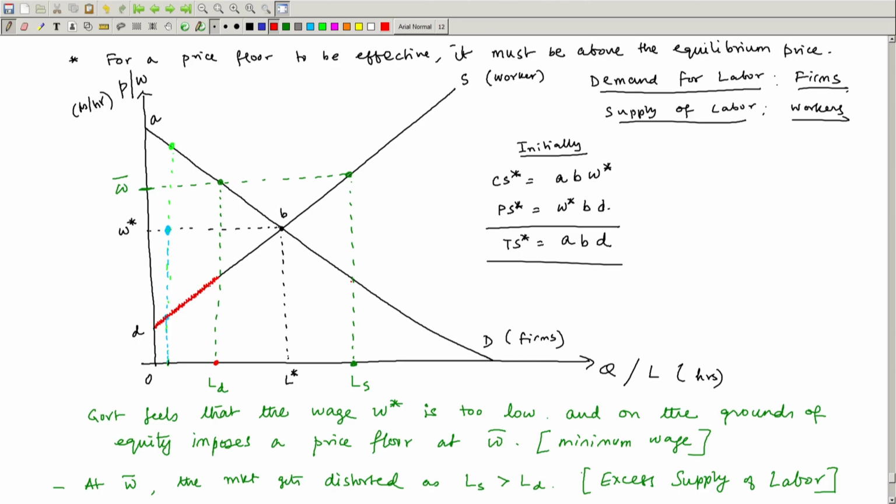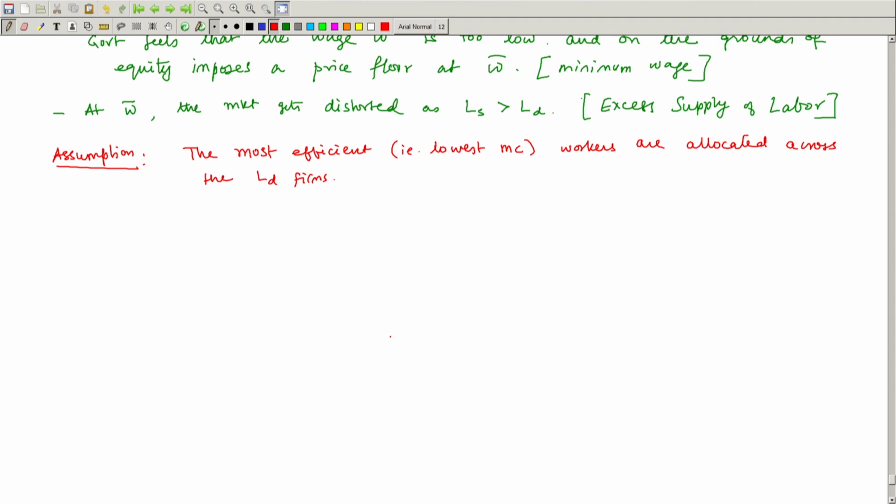So, suppose imagine that by looking at the productivity of workers, the regulator is able to identify their efficiency, right. So, the most efficient workers are allocated across the LD firms, which essentially means that LD labor hours are allocated across the LD firms.